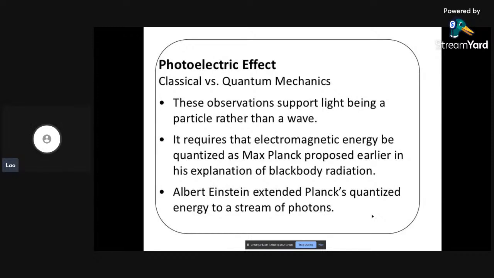So, si Max at si Einstein, nag-collaborate sila, inadapt pala ni Albert Einstein itong Planck's constant formula niya, equivalent sa energy na kung saan equivalent to 6.63 times 10 raised to negative 34 joule-seconds, para ma-measure natin yung energy of photons.